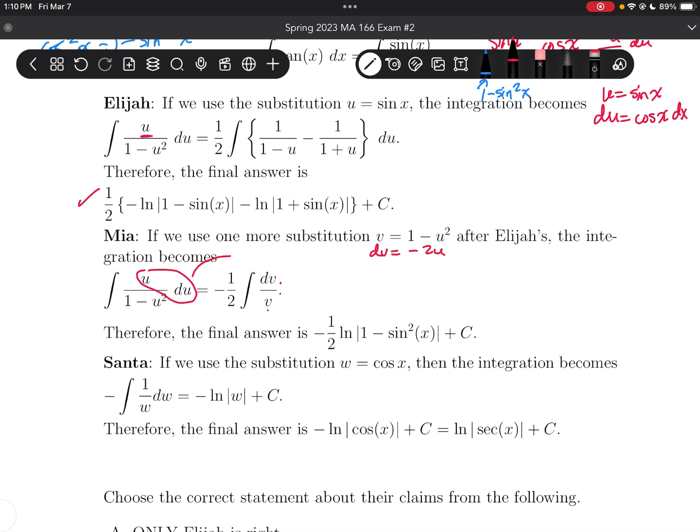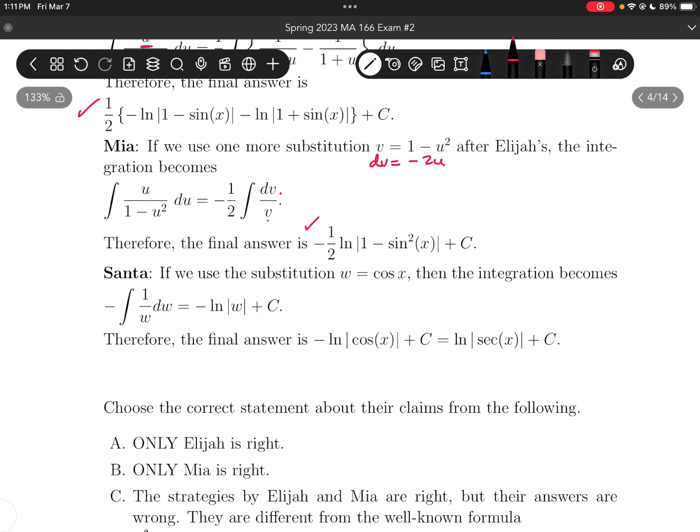So u du is equal to negative 1/2 dv. So that substitution is correct. Then she takes the antiderivative of negative 1 over v, and after resubstituting everything in, she gets this answer over here. And this is also correct. You can check that by taking the derivative of this expression.